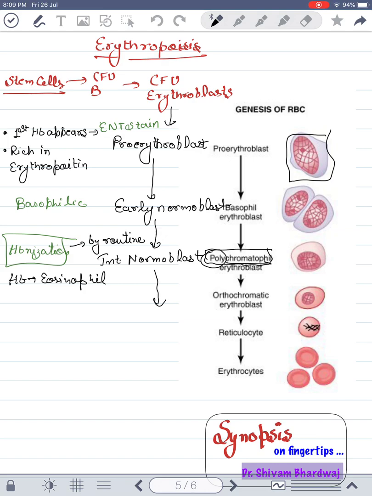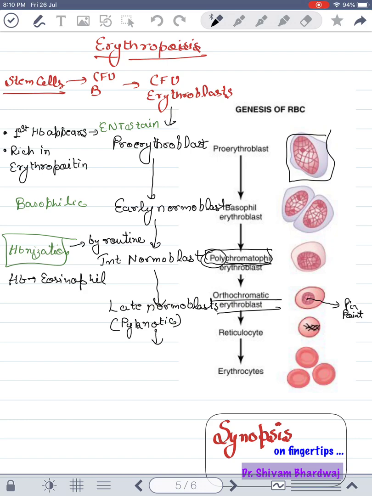Now these intermediate normoblasts form the late normoblast. These normoblasts have a very pinpoint nucleus, so we can say a pyknotic nucleus. And they are also known as orthochromatic at this stage, so orthochromatic erythroblast is another name given to them.